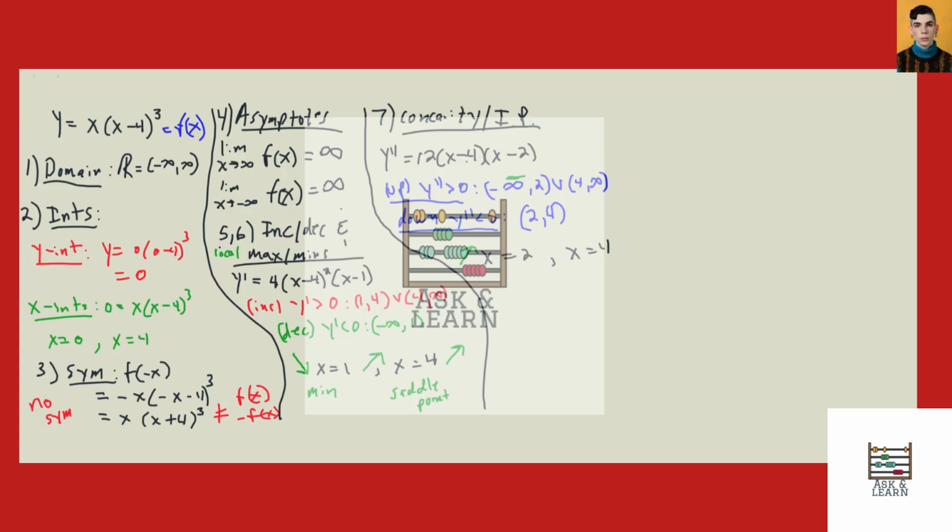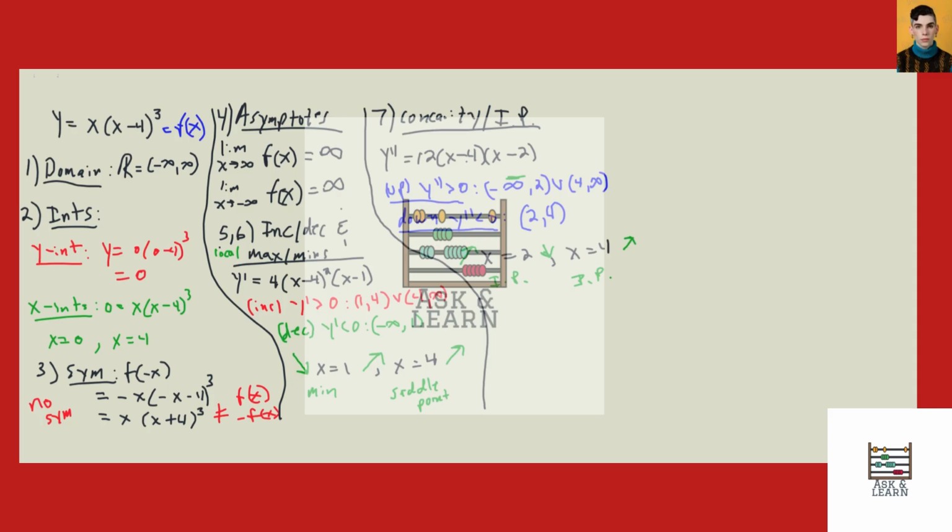And to the right of 2, we're on the other interval for being concave down. So this tells us we have an inflection point because concavity changes at x equal to 2. And then at x equal to 4, after 4, it will be concave up. So both of these are points of inflection.